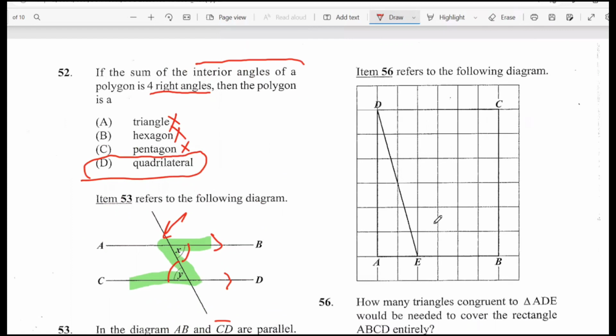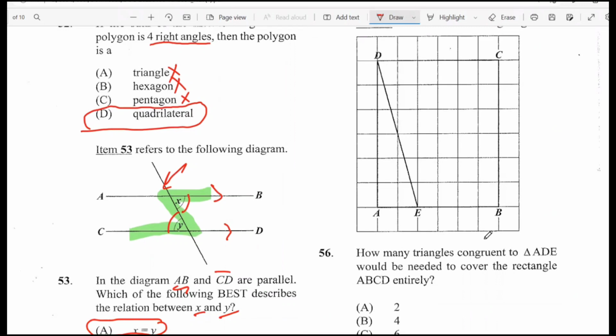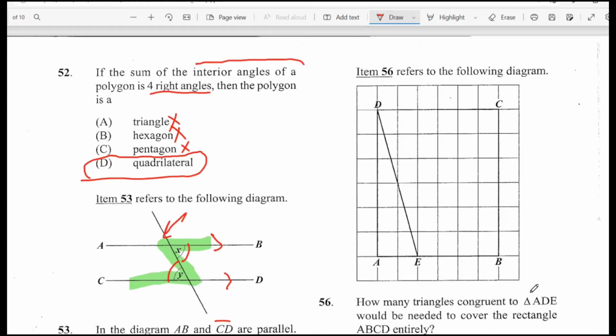56. Item 56 refers to the following diagram. How many triangles congruent to ADE would be needed to cover the rectangle ABCD entirely?